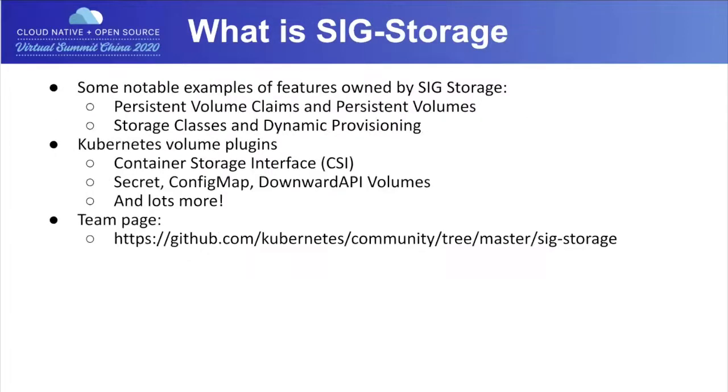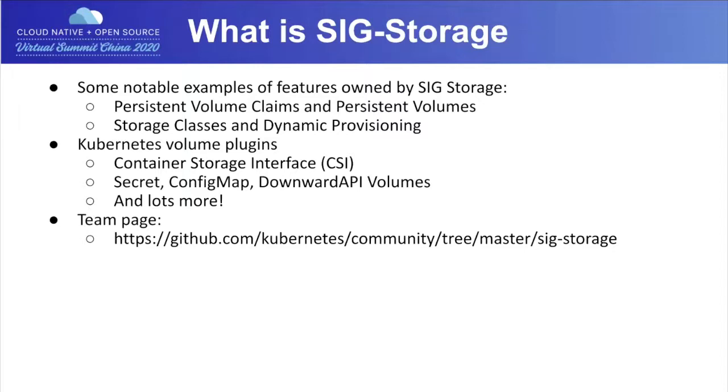SIG Storage owns the persistent volume and persistent volume claim feature. This allows a storage vendor to create a volume and persist data in this volume, which can be preserved even if the pod goes away. We have the storage class concept. A storage class provides a way for administrators to describe the classes of storage they offer.